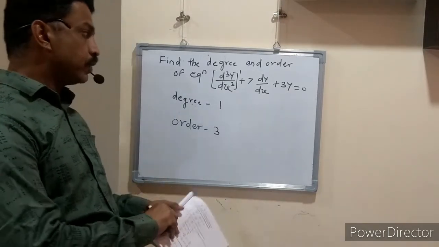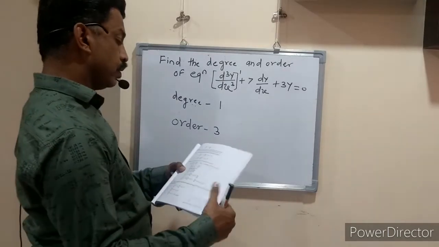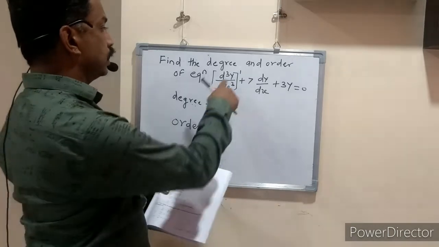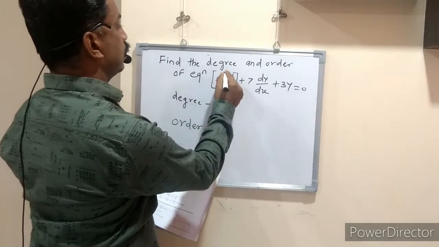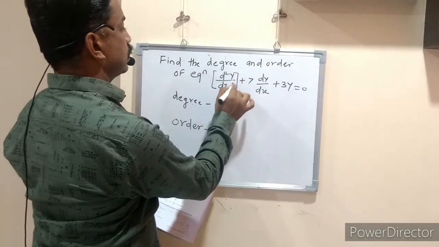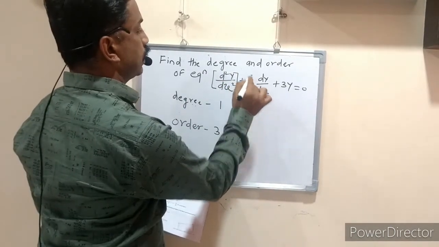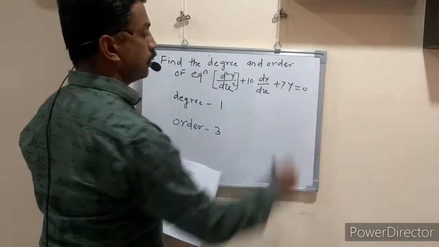Okay, now we take one another example. The equation is d2y by dx square plus 10 dy by dx plus 7y.